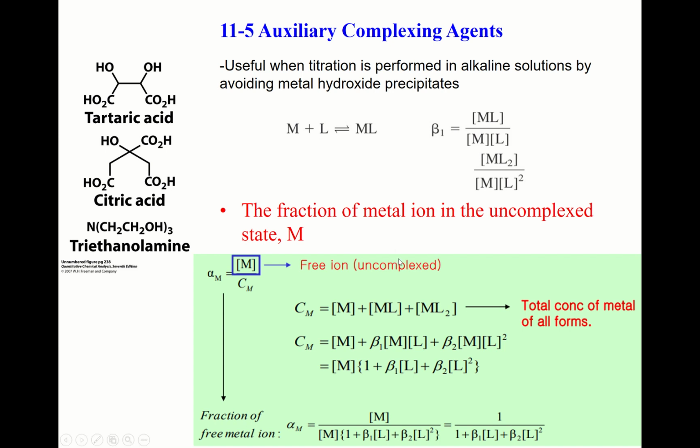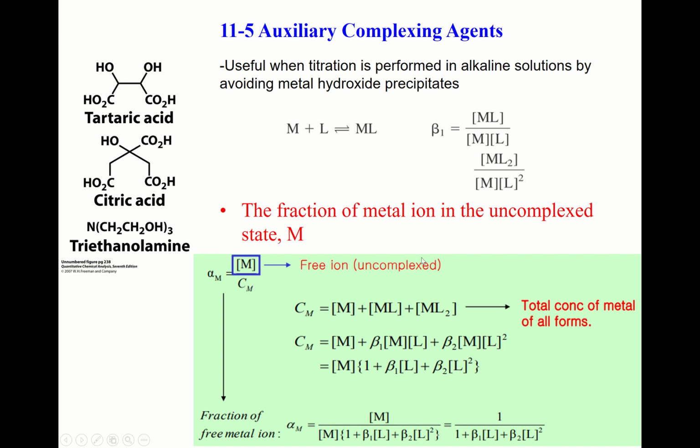And again, we can calculate the fraction of a metal ion in the uncomplexed state. Here alpha M is defined as the free metal ion concentration divided by CM. CM is the total metal concentration.